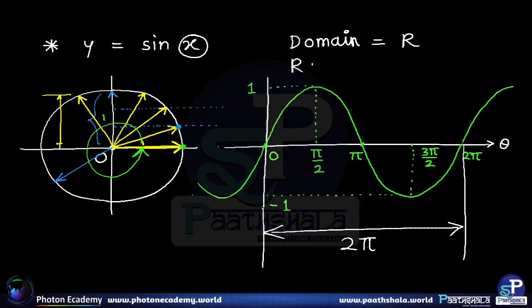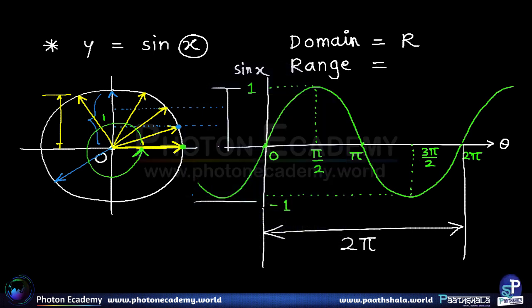Now if you consider the range, which is the set of all possible values that the function can take, since we are plotting the function on the y-axis, we have to look at which values the function is taking on the y-axis. So clearly we see that the function lies between -1 to 1 only, isn't it? It does not go above 1 or below -1.